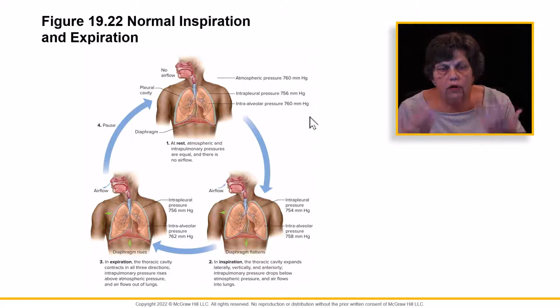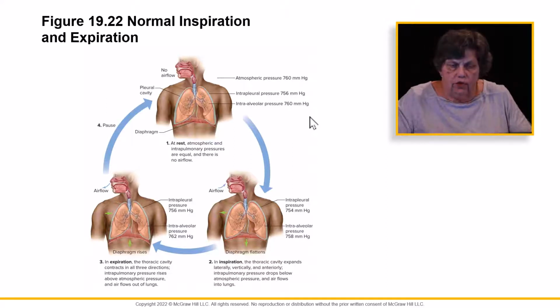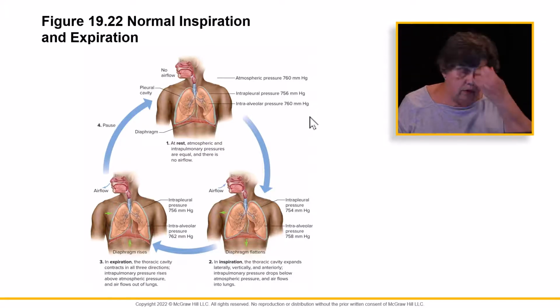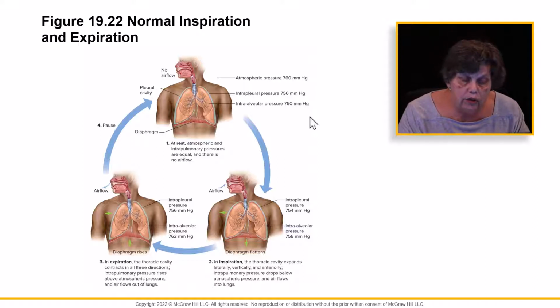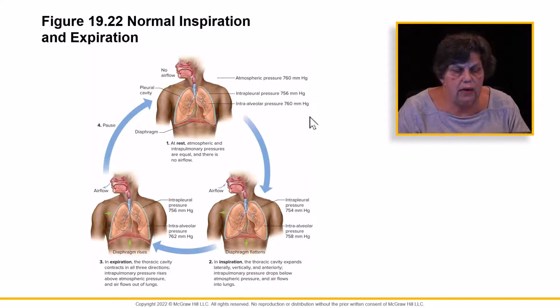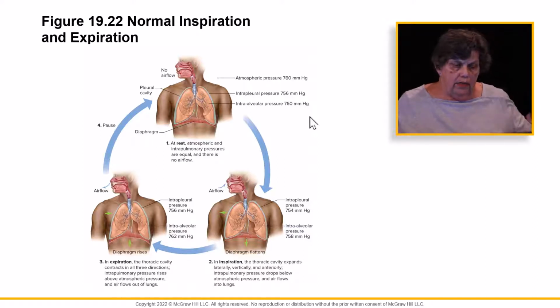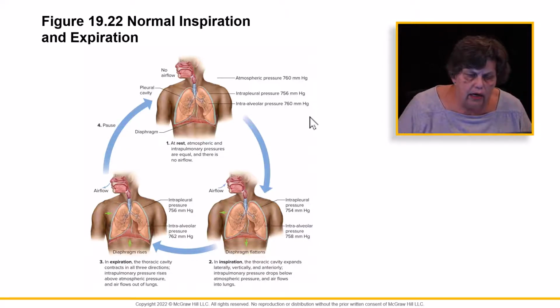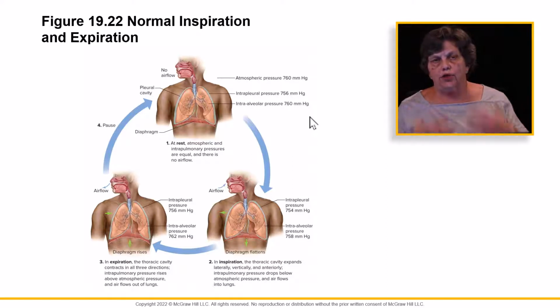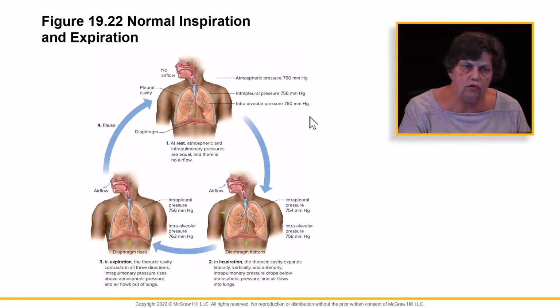In order for air to go in your lungs, you have to expand the chest and drop the diaphragm. Otherwise, nothing happens, okay? And so when you inspire, the thoracic cavity expands. It expands laterally, expands vertically. We drop the diaphragm, and that drops the pressure in the lungs, and the air goes in.